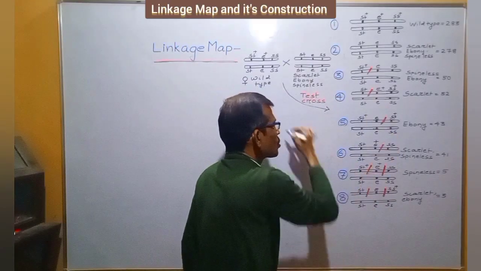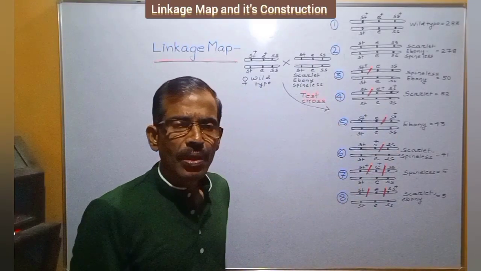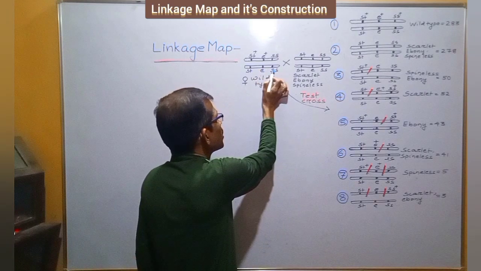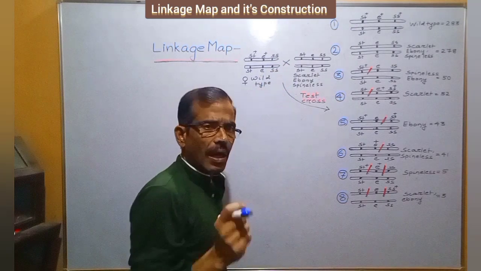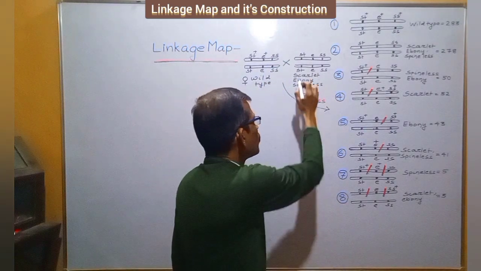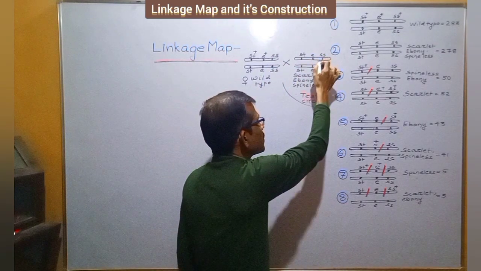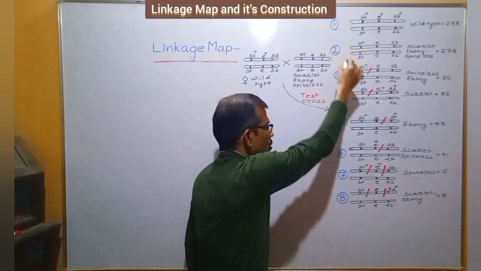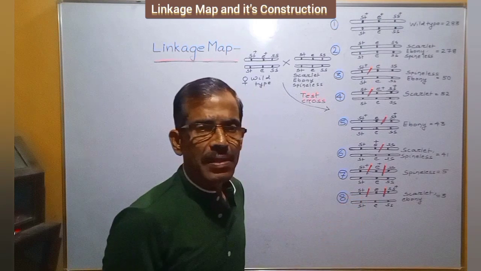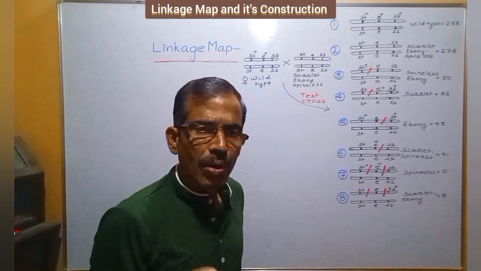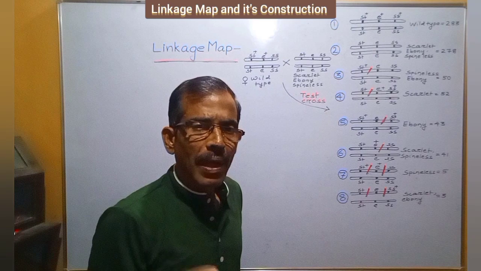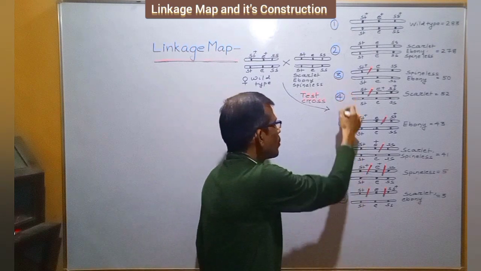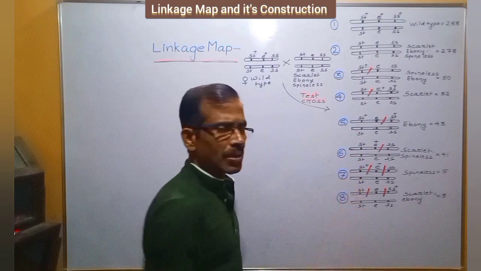This figure shows a 3-point test cross between a female Drosophila which is heterozygous at 3 loci and a male Drosophila homozygous for recessive alleles at all 3 loci. This test cross can produce 8 phenotypic classes, some of which are non-recombinants with parental combinations of genes, and the remaining are recombinants with non-parental combinations.